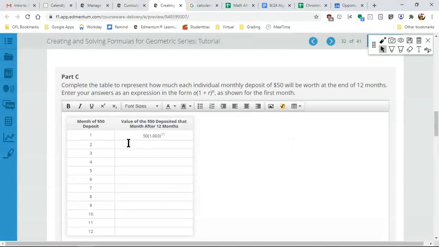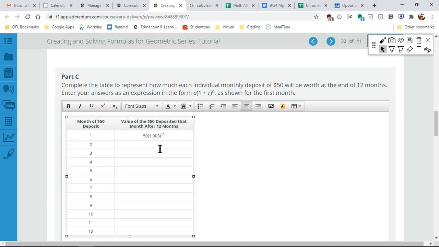All right. So now we're going to see this. Now we want to know month deposit $50, value of that after 12 months. Are we doing it for the year? After 11 months.